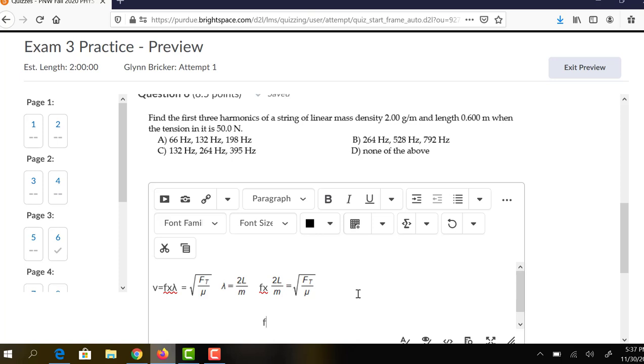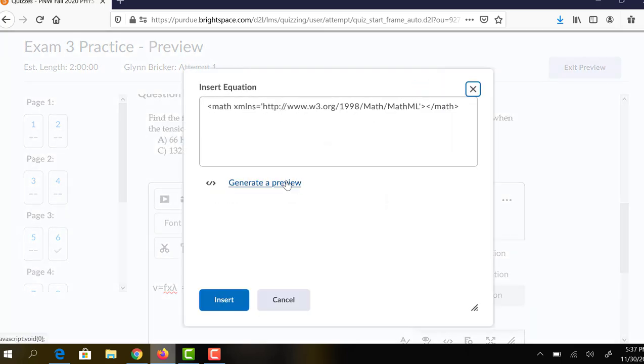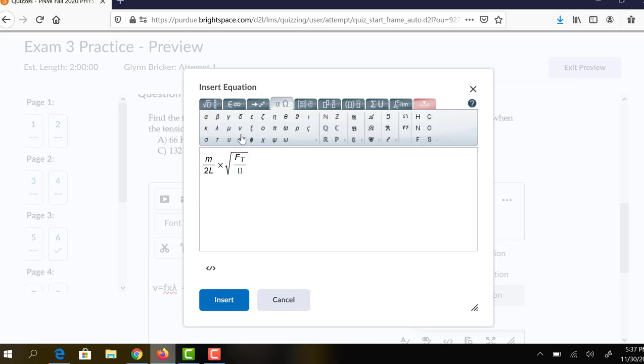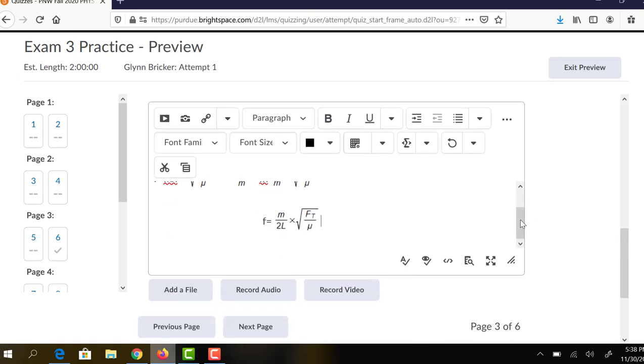So then the frequency is equal to, I'll do this again, m over 2L, and then times the square root of force of tension divided by mu. Okay, and then you could put the actual numbers in here, and you got to scroll down a little bit.